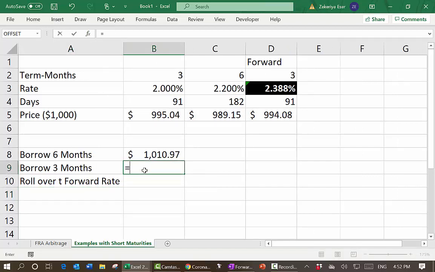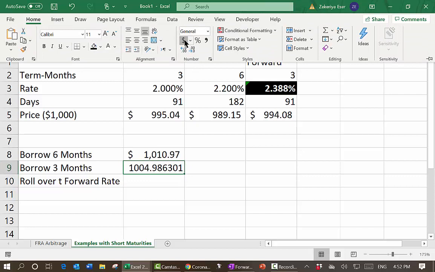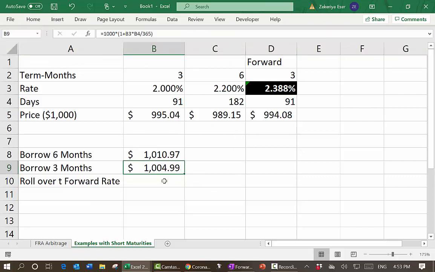I'm going to borrow $1,000 3 months from now. That's going to be 1 plus the 3-month rate times 91 over 365. So 3 months from now, that number is going to be $1,004.99. Then I'm going to roll over that amount at the forward rate times the number of days in the term divided by 365.